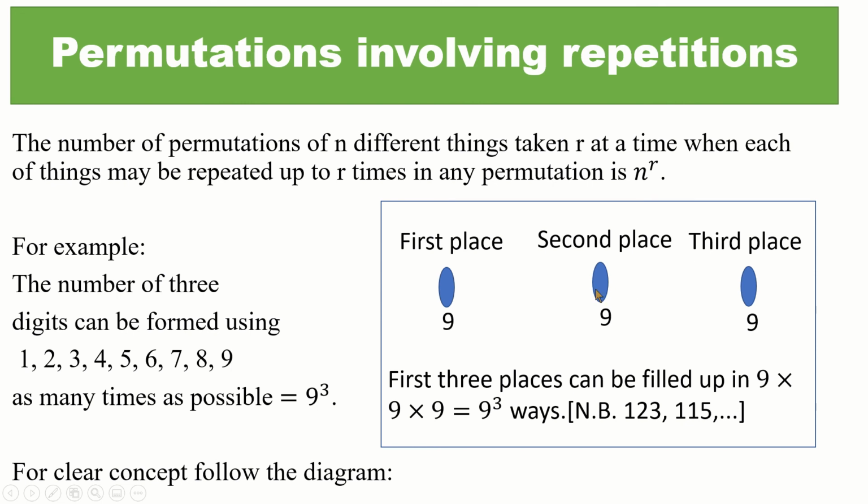The second place is also filled up in 9 ways because the digits may be repeated or not. And finally, the third place can also be filled up in 9 ways because the digit may be repeated. That means first place 1, second place you can also use 1, third place you can also use 1, no problem.